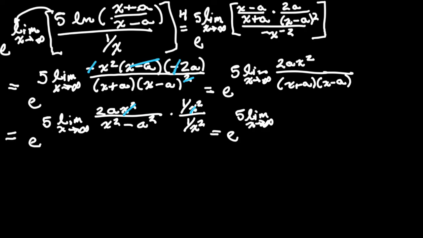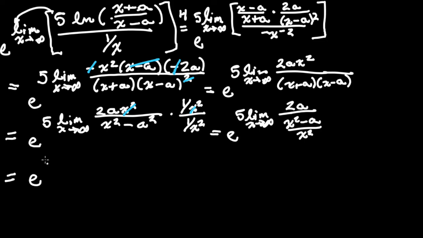And so then on the bottom, we're going to have, well, on the top first, we're going to have 2a, and then over x squared minus a over x squared. And then further, we're going to be able to simplify this.